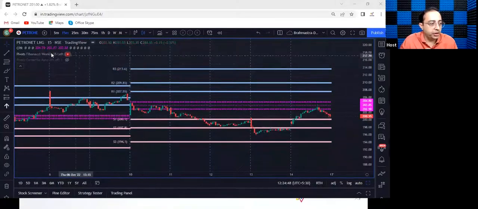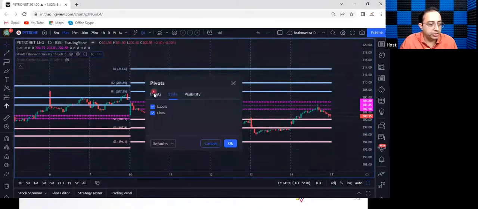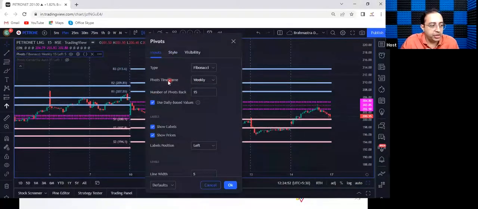I am going into the Fibonacci structure and I am saying the pivot time frame is weekly. I have converted my chart into a 15-minute chart. I have made this Fibonacci weekly.